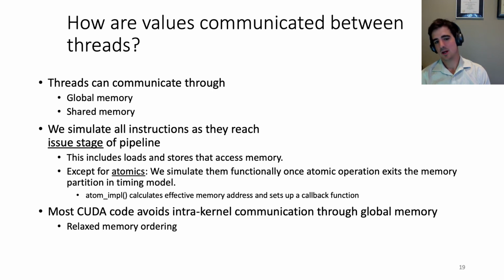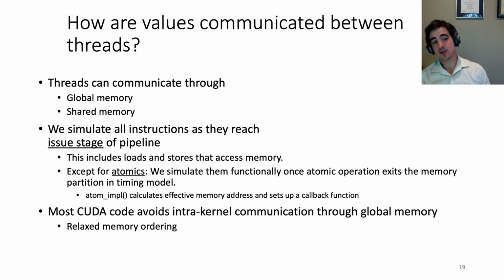If one thread is storing something to global memory or to shared memory, then it will actually store the value at the issue stage for that particular thread. And then when another thread comes and gets issued, it could potentially load that value and it will see the updated value from the other thread.